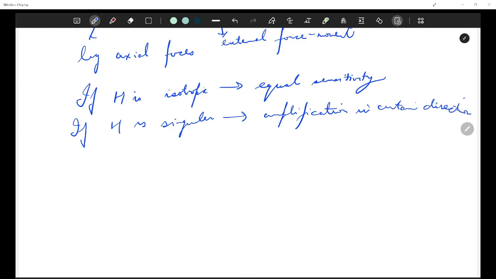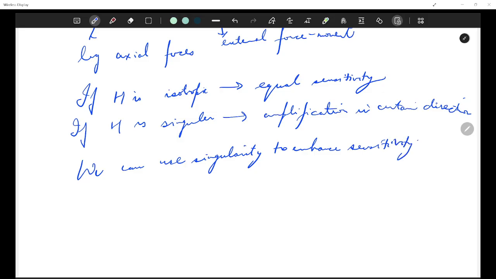So we can use singularity to enhance sensitivity. Singular configurations or singular directions are determined via the eigenvalues of H. If the eigenvalue is equal to 0, it is a singular direction. If it is near singular, it means that there is a mechanical amplification, and it is used intentionally for sensing small forces. All right.